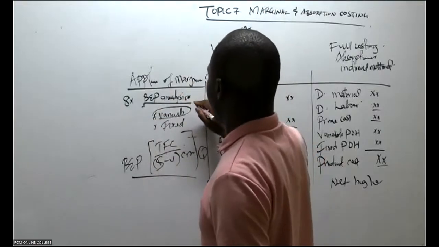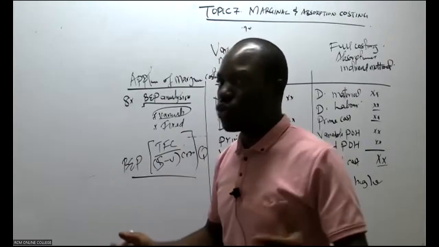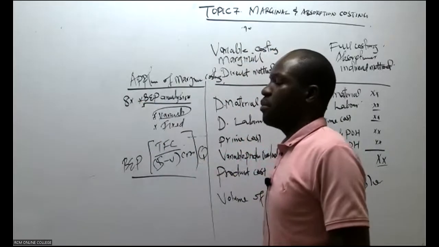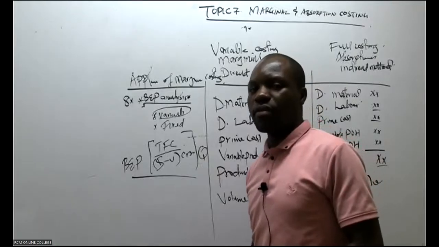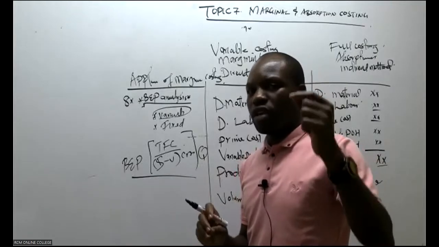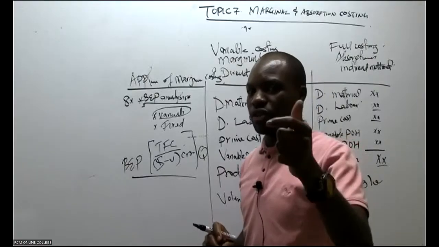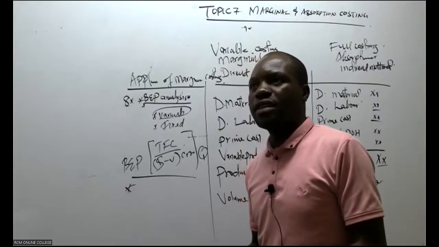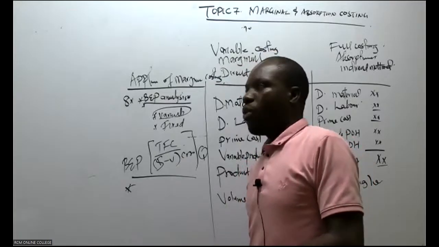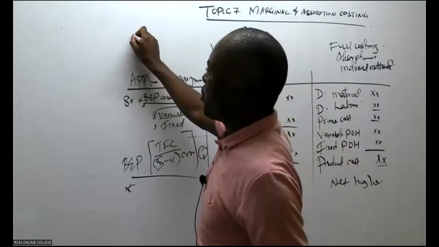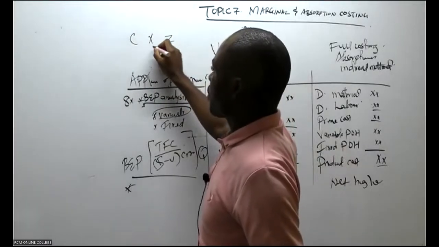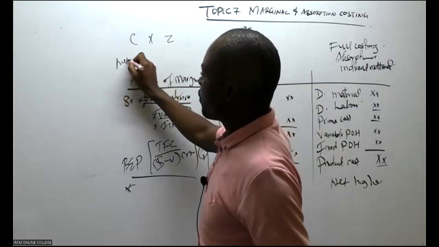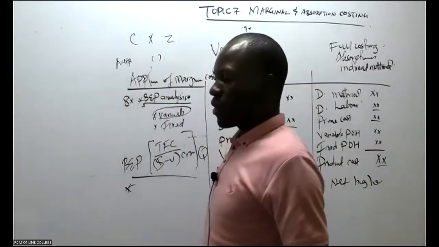If you are asked to give maybe 3 or 2 applications of marginal costing, number 1 is used in break-even point analysis to identify the break-even point at which the company will not be making losses or profits. Another application: the company is producing 3 products, C, X, Z. But out of these 3, if you look at the net profit, this one here is negative.